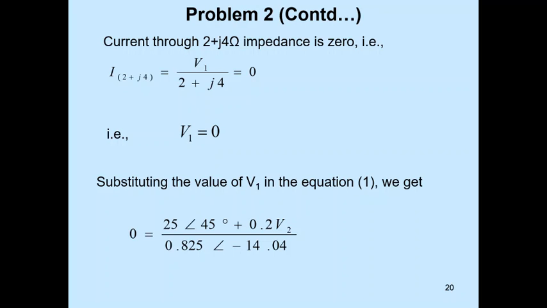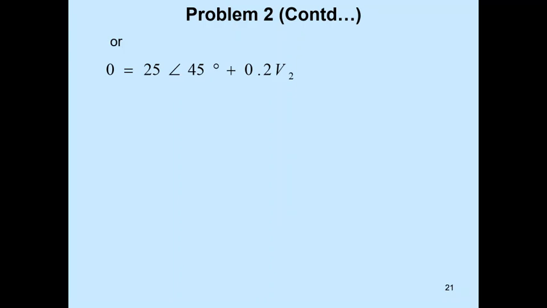So for finding V2, the denominator we can drop because the left side is 0. So 25 at an angle of 45 degrees is equal to 0.2 V2.